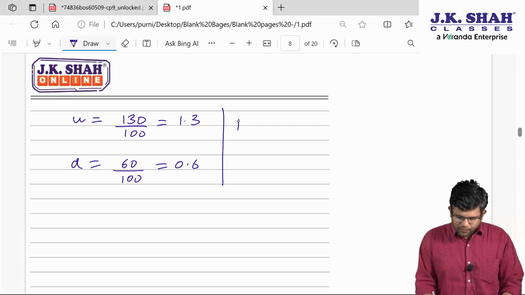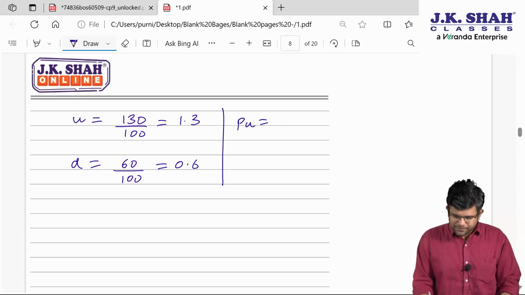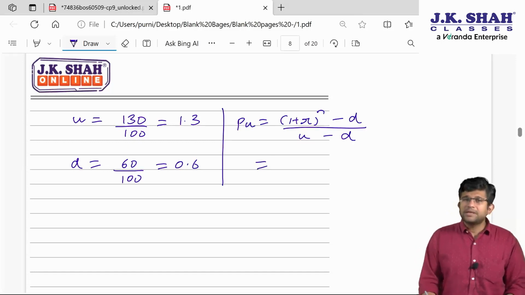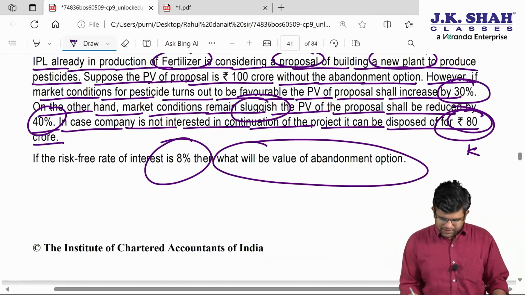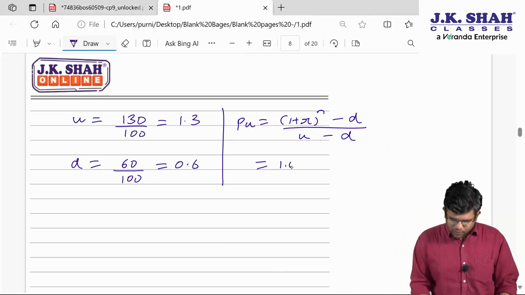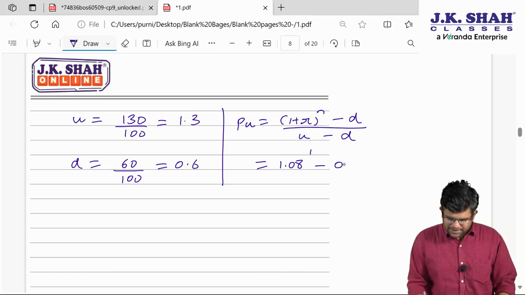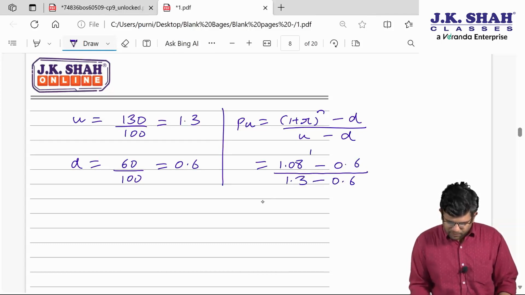And then we say probability of upside is (1 plus R) raised to n minus D, the whole upon U minus D. Now 1 plus R, now R, can I say, given to you is 8%. So 1.08 raised to 1 minus 0.6, the whole upon 1.3 minus 0.6.